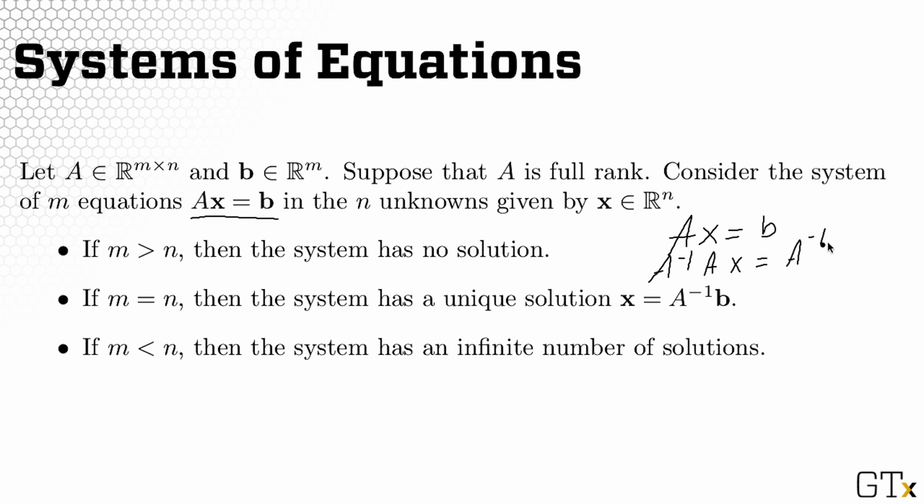Because now A is a square matrix, m is equal to n, and it is of full rank, so the inverse exists, and this gives you x equals A inverse b. That's the unique solution that you get when you have a system of equations where the coefficient matrix is square and full rank.